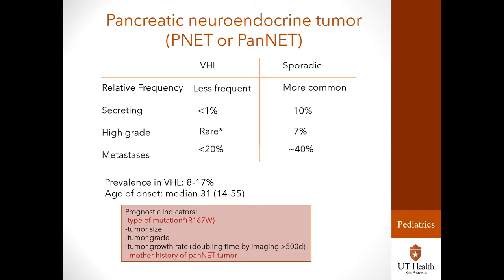Now, some of the most important markers of aggressiveness will be the tumor doubling time. And we do notice also that her mother had an aggressive form of pancreatic neuroendocrine tumor. Next slide.